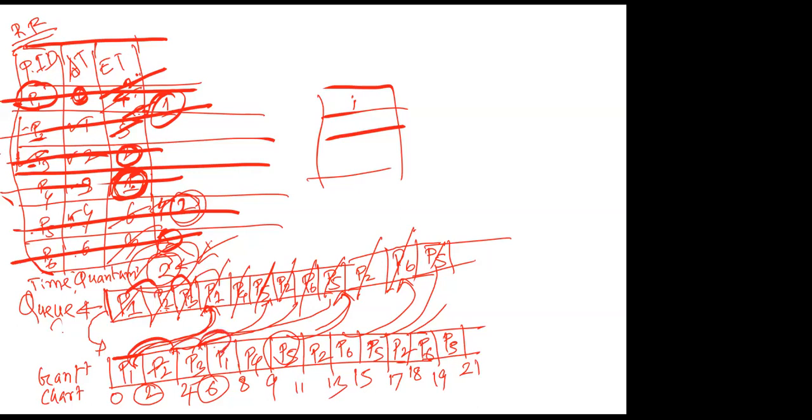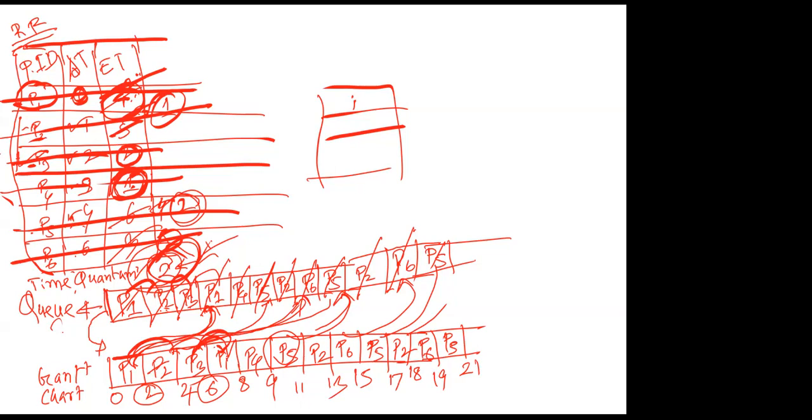But if you increase the time quantum from 2 to 4, then at 4 process P4 completes the execution, so you don't require P3 to go back to the queue. So context switching will be less.